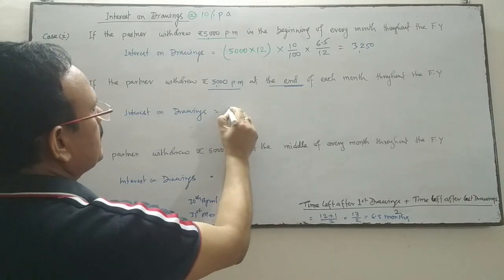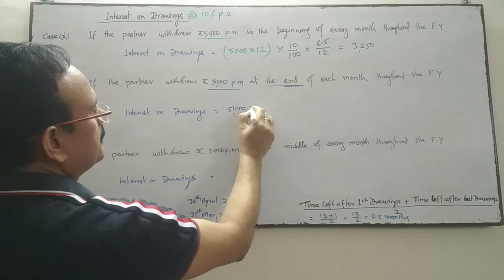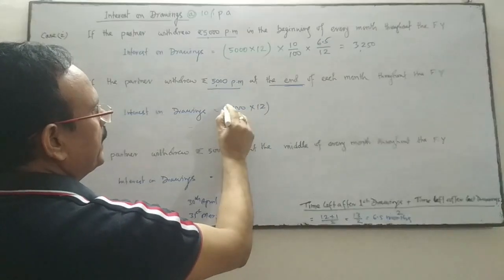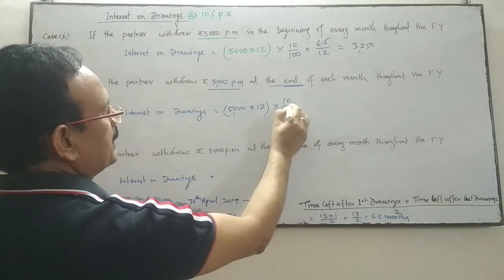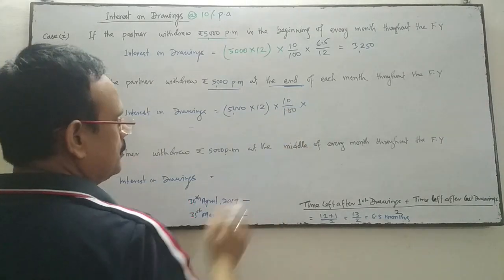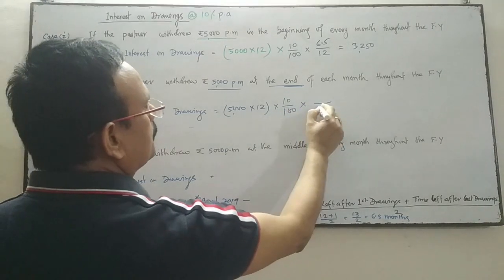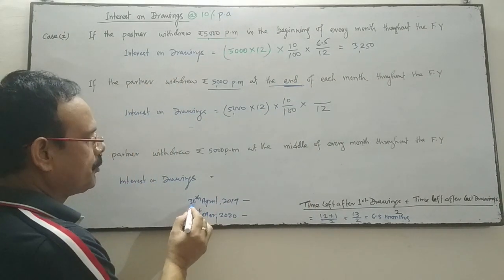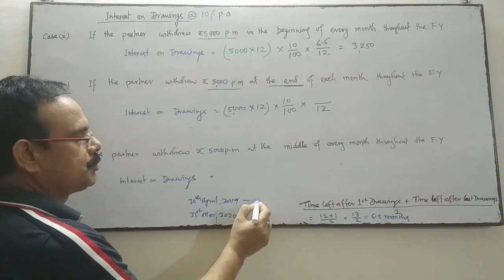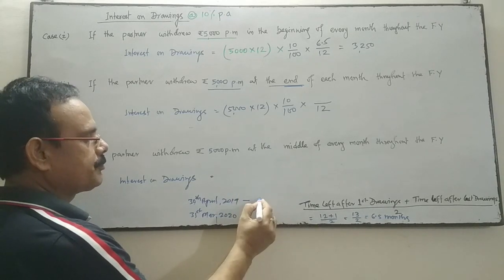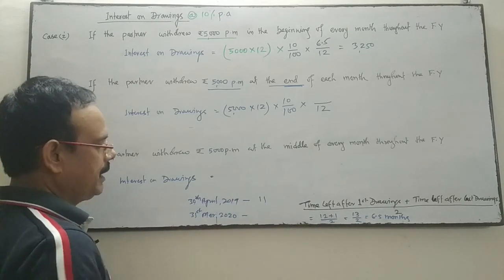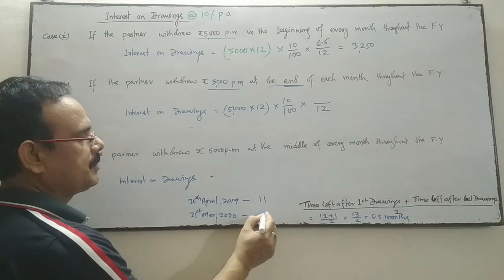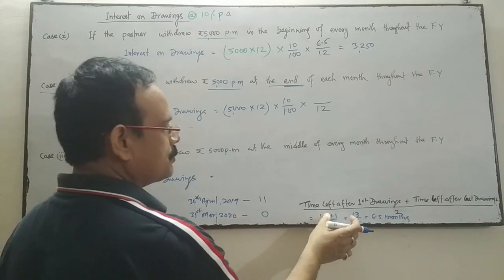So 5,000 into 12 is the drawing for the whole year, into rate of interest on drawing, into, now we will find out for how many months the interest will be calculated. From 30th April to 31st March 2020, it's 11 months, and 31st March to 31st March, it's 0 months.